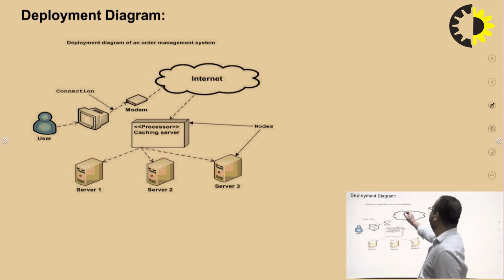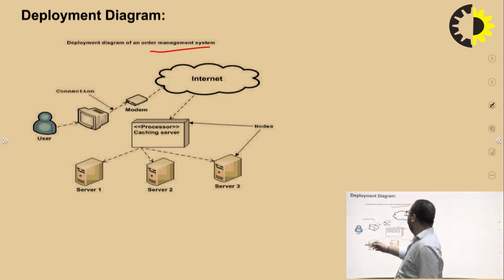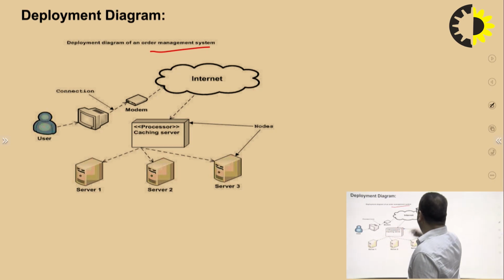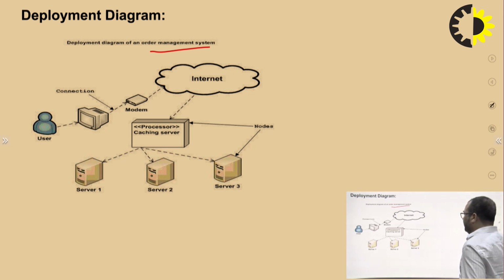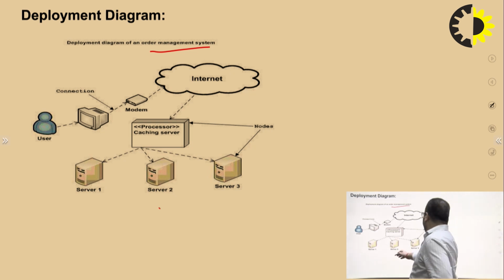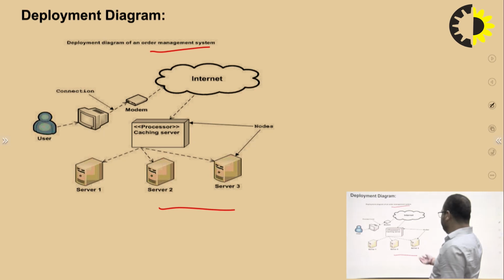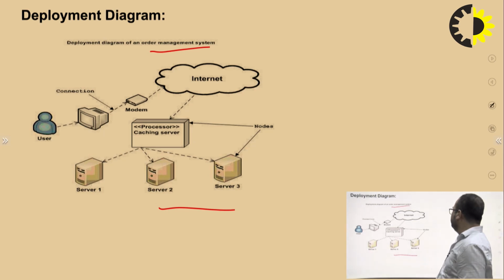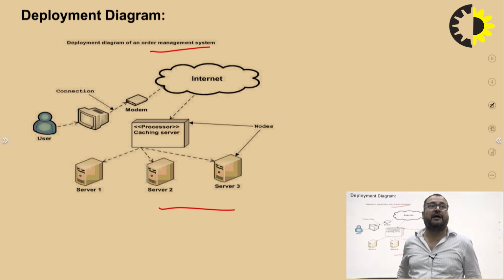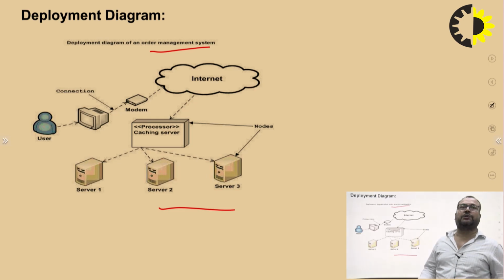For the order management system, we have a user, a system, a modem, the internet, and various kinds of processors like a caching server. Suppose for this application we are simply using 3 servers. So these are all considered as nodes. So various nodes could be here in a deployment diagram.